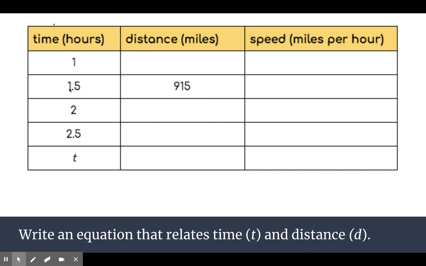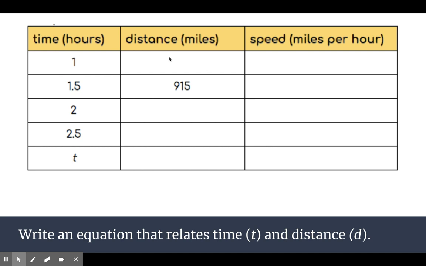So again, if I'm going backwards and I'm trying to get from 1.5 to 1, I could have divided because 1.5 divided by 1.5 gives me 1. So in order to figure out this first row, let's divide 915 by 1.5. Now, of course, we can't necessarily do this in our head, so you may have needed a calculator.